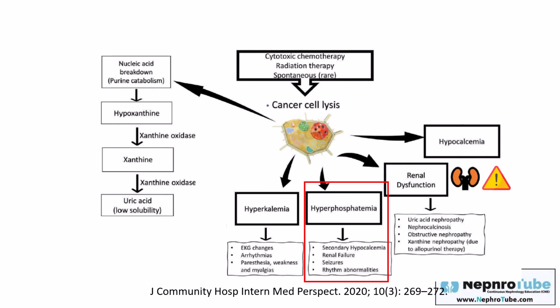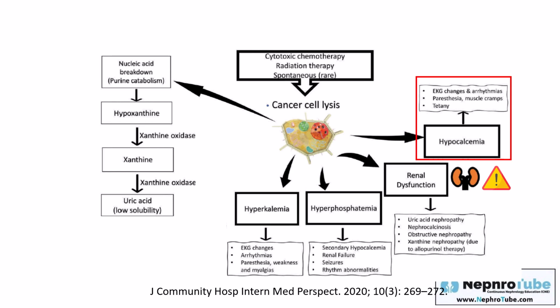Phosphate itself may deposit in the kidney, causing renal failure. It may cause seizures and also rhythm abnormalities and cardiac arrhythmias. Regarding hypocalcemia itself, it may also present with ECG changes and arrhythmias, paresthesia and muscle cramps, and finally, in severe hypocalcemia, there may be tetany.